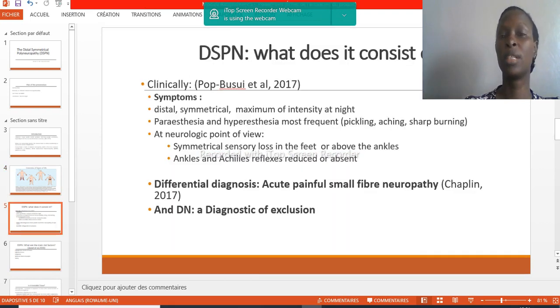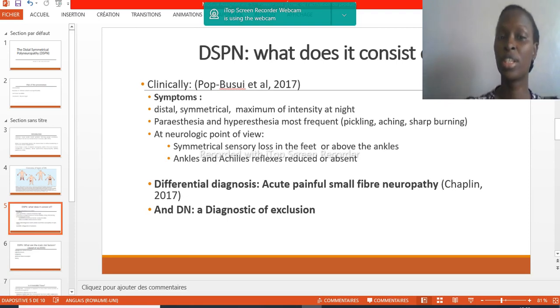So what is distal symmetric polyneuropathy? What does it consist of? As a health professional, we will have patients that come to our office saying that there's something prickling, itching, or sharp, even burning, and those symptoms will be mostly located distally, and they will be symmetrical, and they will occur with the maximum of intensity at night.